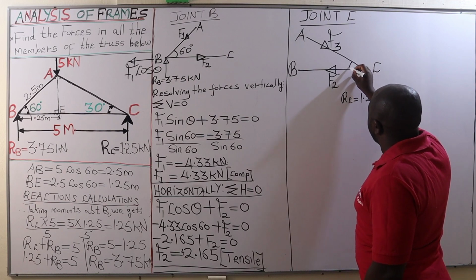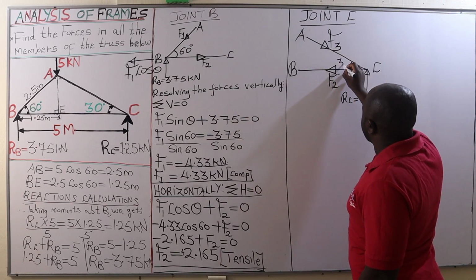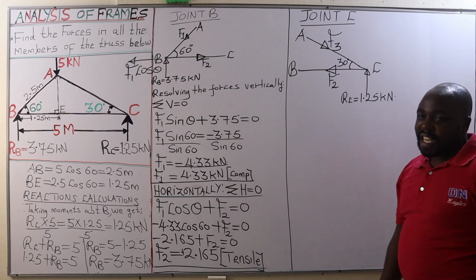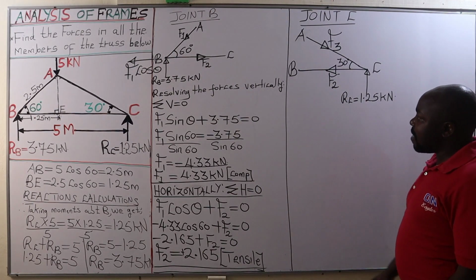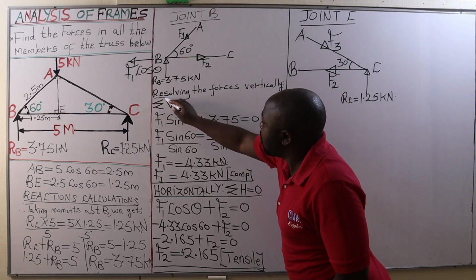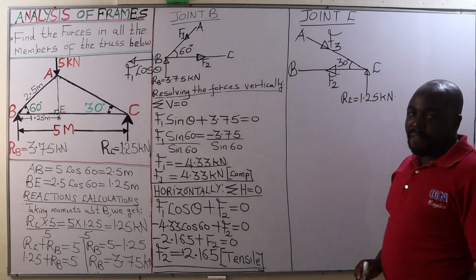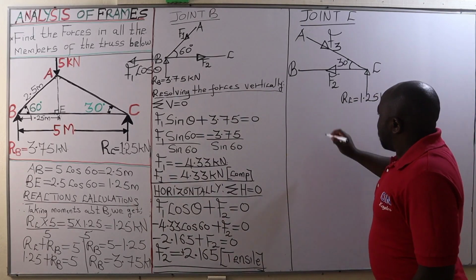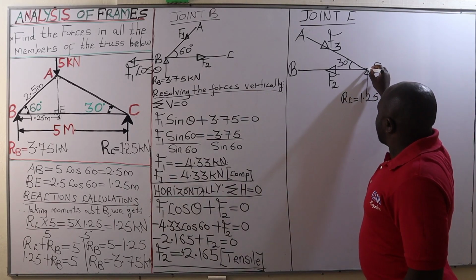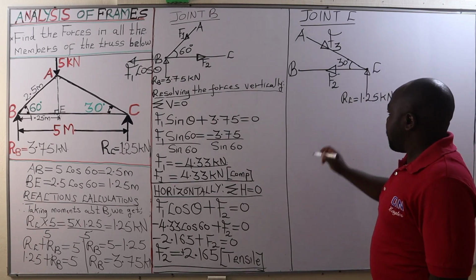The angle ACB is 30 degrees. Likewise, we are going to begin with solving the forces vertically, the forces that are acting at joint C.